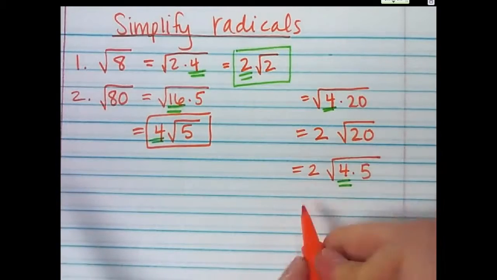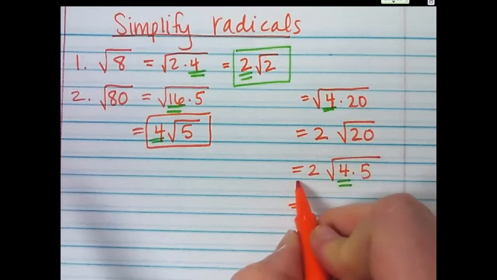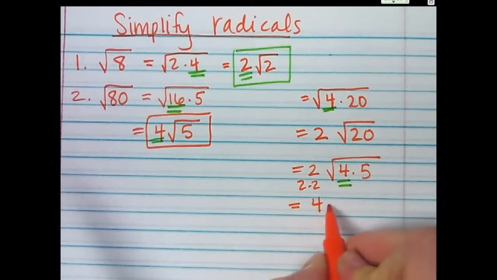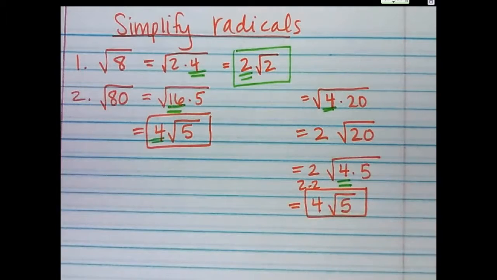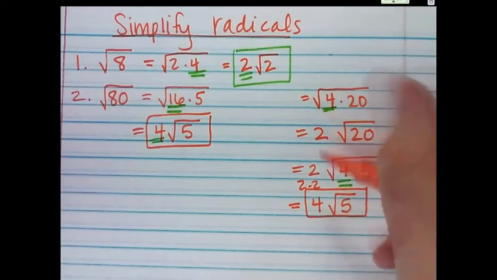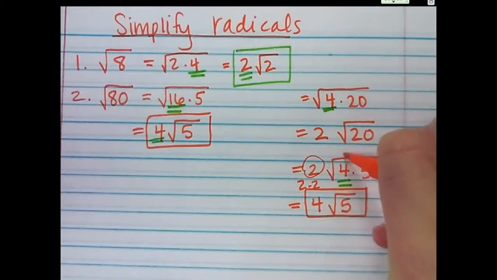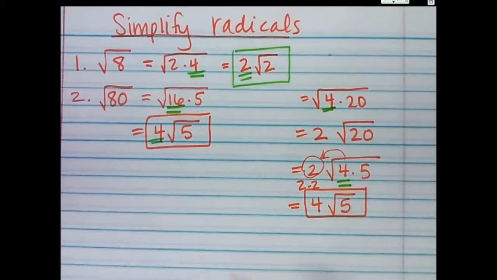When it comes to the outside, I multiply it, so it would be 2 times 2, or 4 square root 5. So same answer. I don't want you to think that just because you can't figure out what number goes into it, you're not going to get the right answer. You can just break it down a little bit more. If there's a number on the outside like this, and you bring a number outside with it, they get multiplied together.